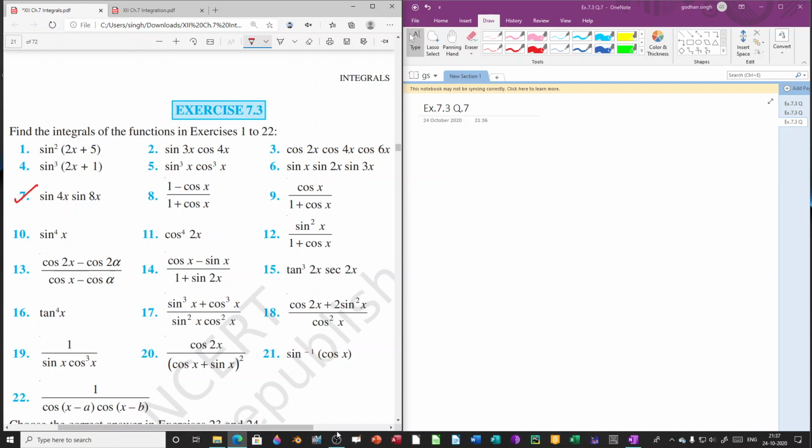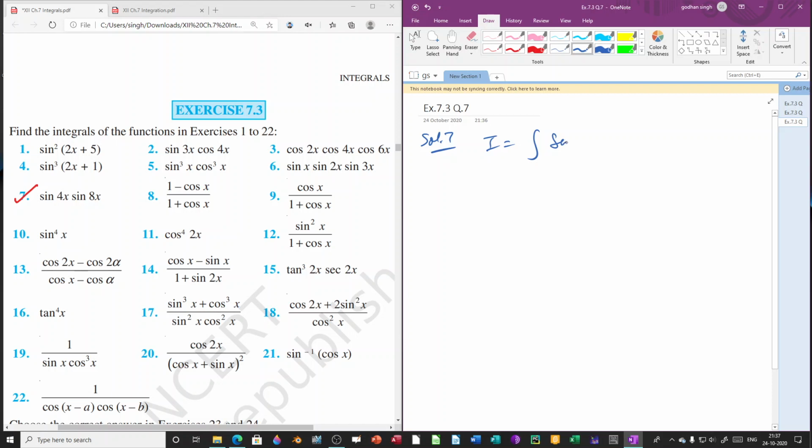Exercise 7.3, question number 7. Solution 7. I equal to integration of sin 4x into sin 8x dx. So here we will be multiplying and dividing with 2.